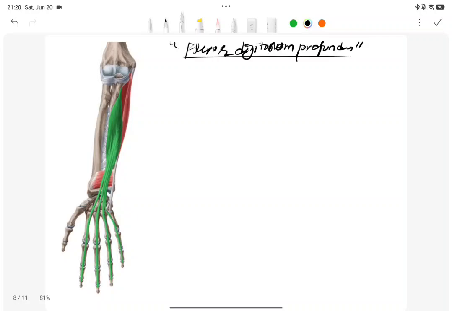So where does the origin lie? It originates from the upper 3/4 of the anterior and medial surface of the shaft of the ulna, and the upper 3/4 of the posterior border of the ulna.